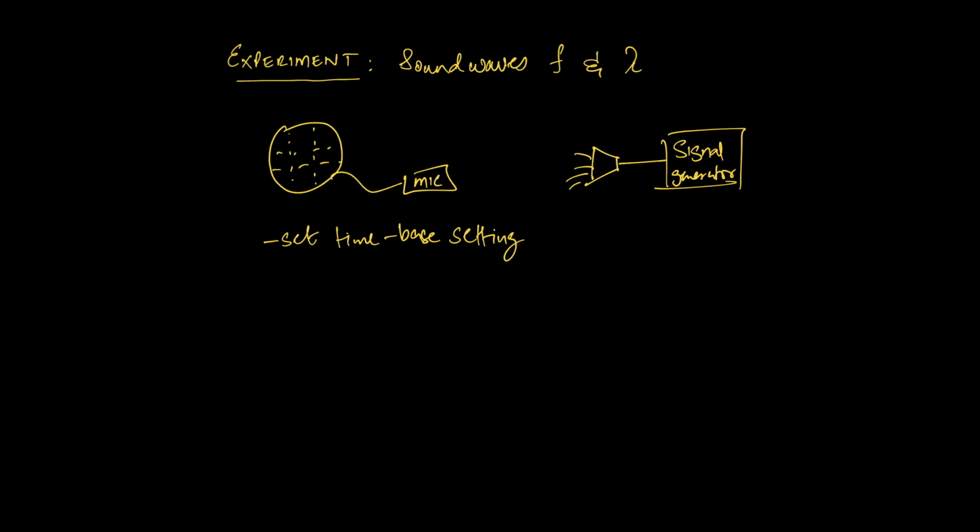So let's work through an example. Let's say, for example, I'm setting the time-base setting at 5 milliseconds per division. Can I calculate the frequency of this wave? Let me actually draw a wave for you here. I'm going to use a different color, the color red. In this case, you have something that looks like that.